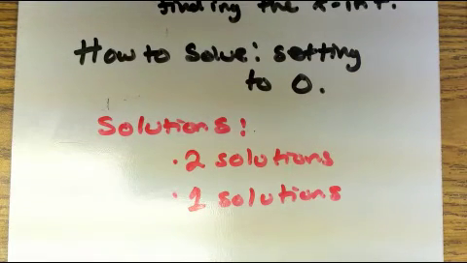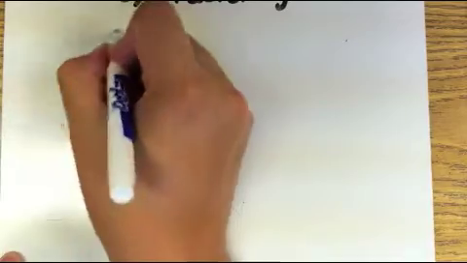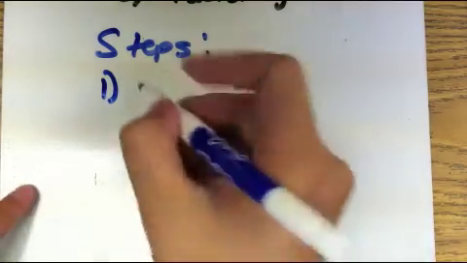All right. Let's go ahead and write some steps down, once again, to just organize our brain about what we're actually going to be doing. Let me put down the steps. Step number 1 is going to be pretty easy. We're going to keep doing what we're doing. We're going to factor completely.